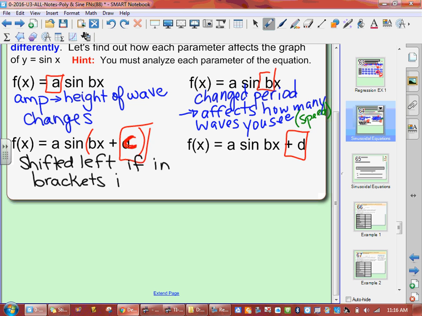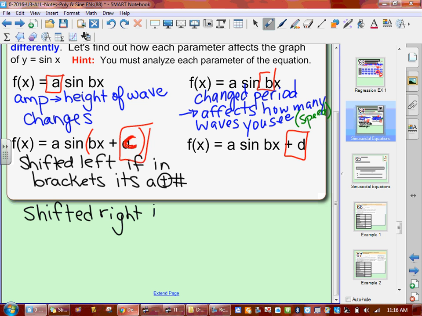And vice versa, it will be shifted right if it's a negative in the brackets. Okay, but the C value is always contained in the brackets. So the C value is just going to shift it left or right. That's all it does. So if it's a positive in brackets, it's going to move it left. If it's a negative in brackets, it's going to move it right.